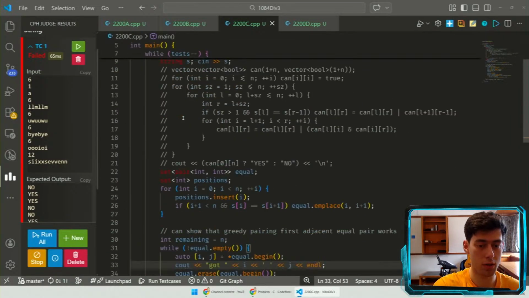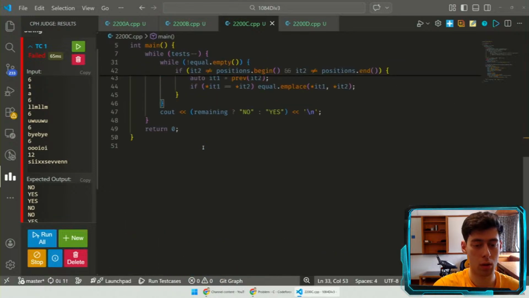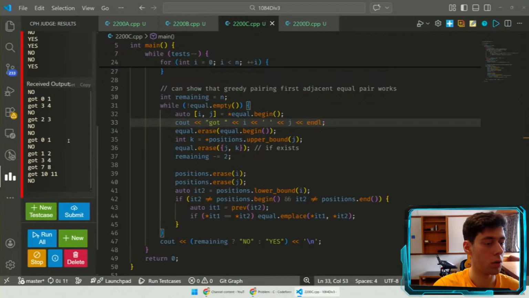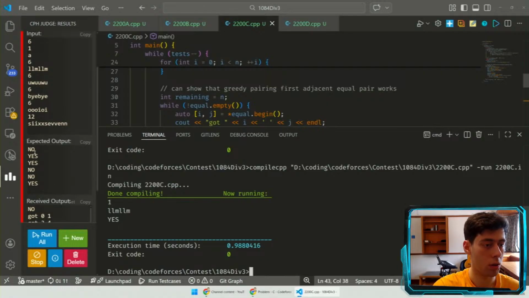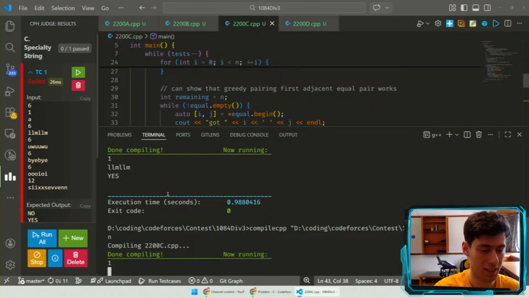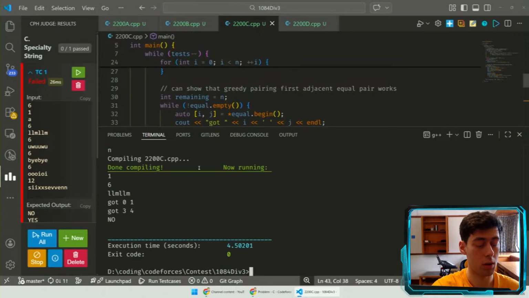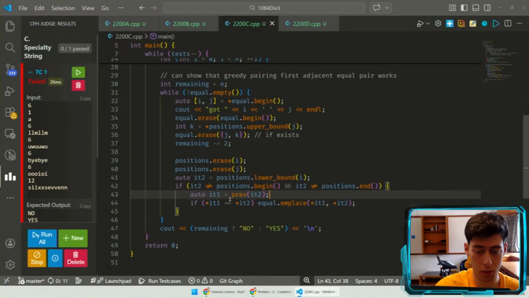Am I not doing tests correctly? Now it says yes. Oh, I didn't give it the number of tests. I mean the length of the string. 0, 1, 3, 4, and then it just doesn't pair up the last two.